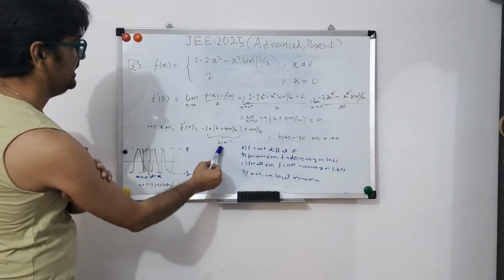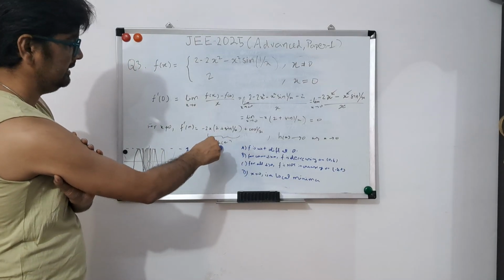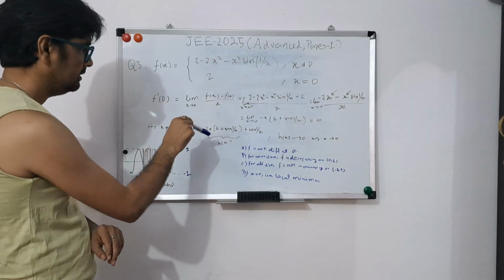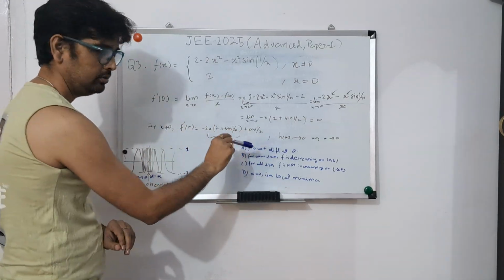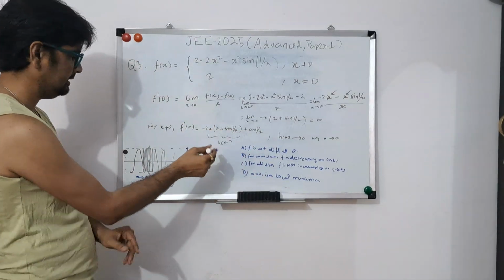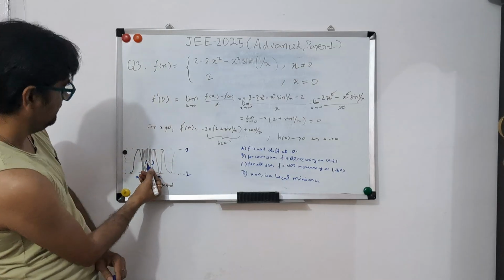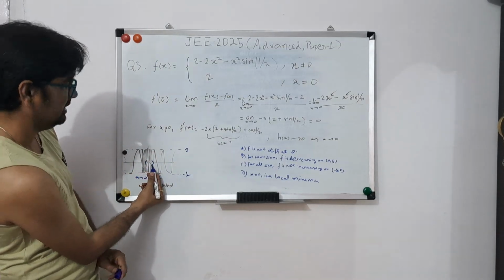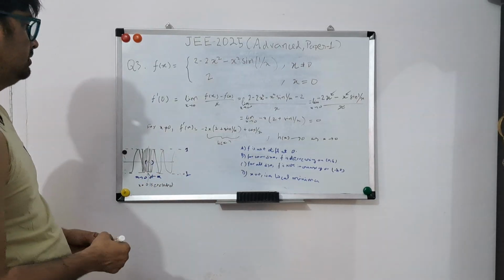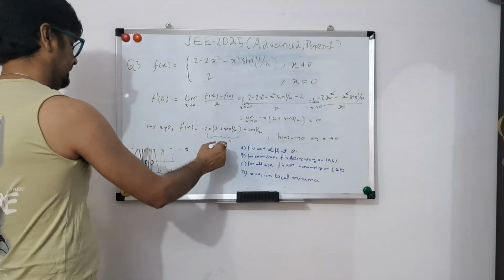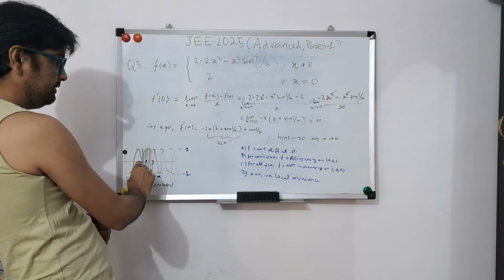But h(x) goes to 0, so there will be an interval within which h(x) is less than 1. Within this interval h(x) will be less than 1.